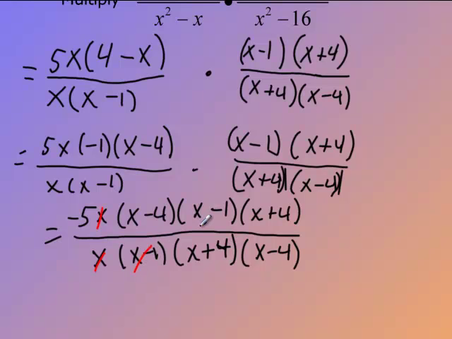This x minus 1 and this x minus 1 cancel out. This x minus 4 and this x minus 4 cancel. And wow, we have two x plus 4s which cancel out as well. When you multiply these together and simplify, you're just left with negative 5. So that equals negative 5. That's all there is to it when everything is said and done. Everything just took itself out except for that. So that's multiplying.